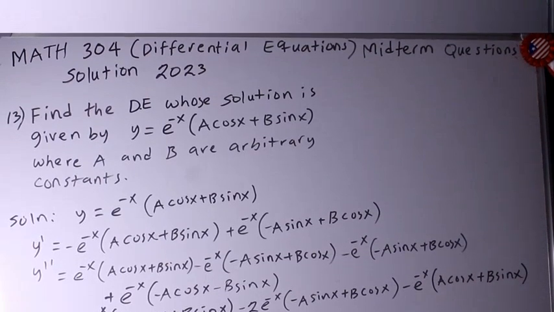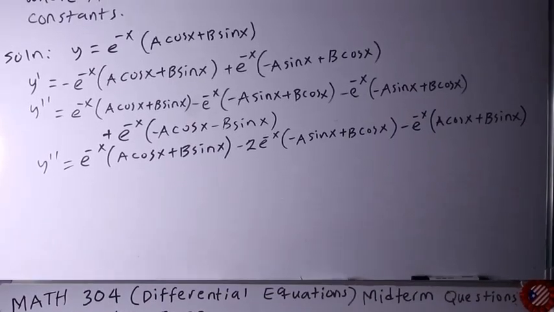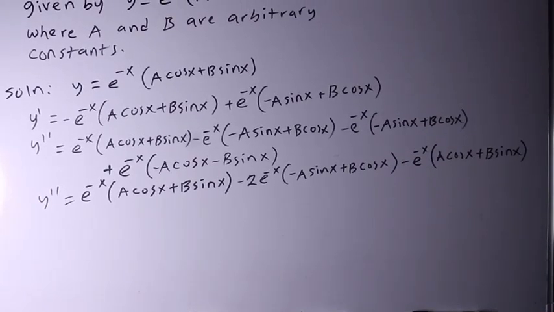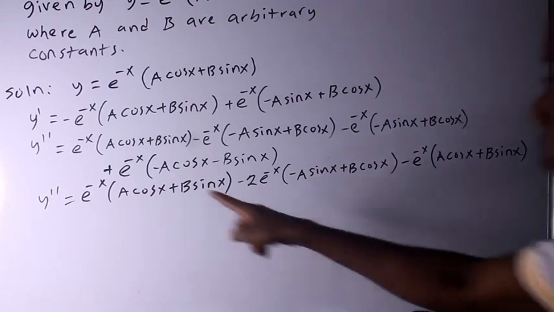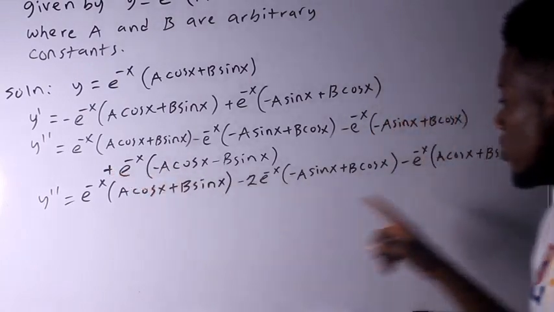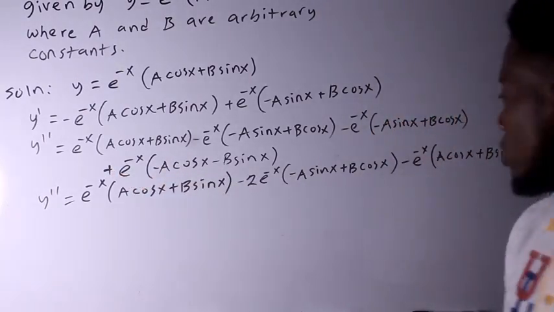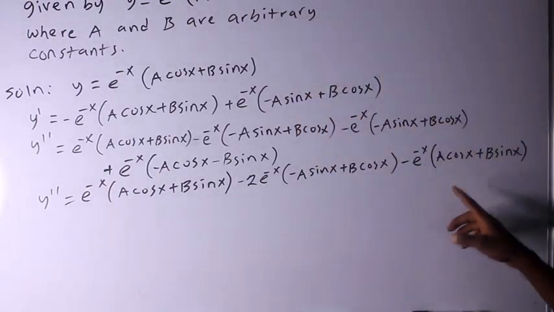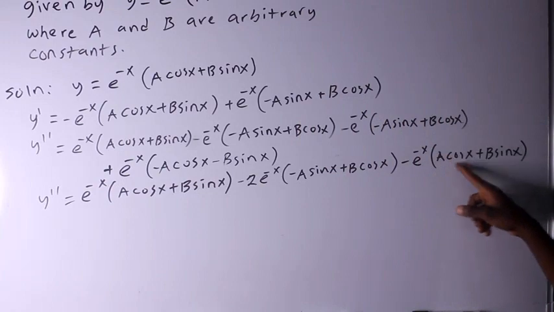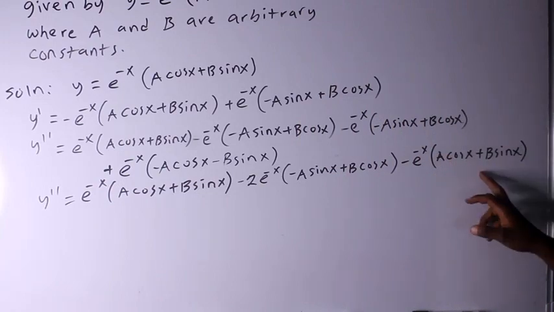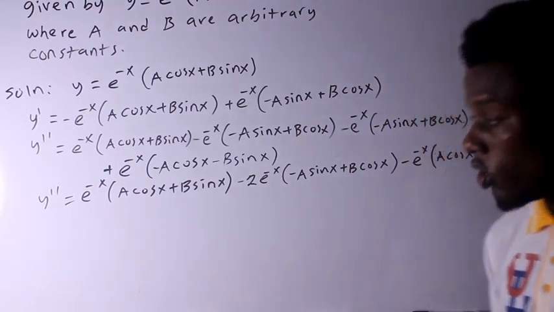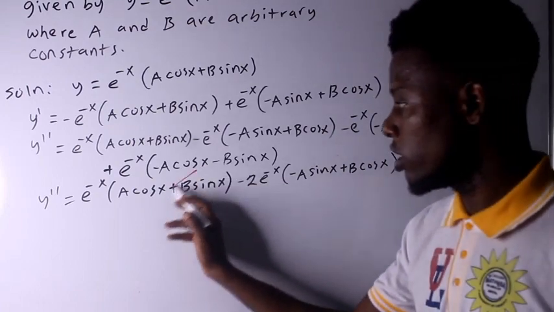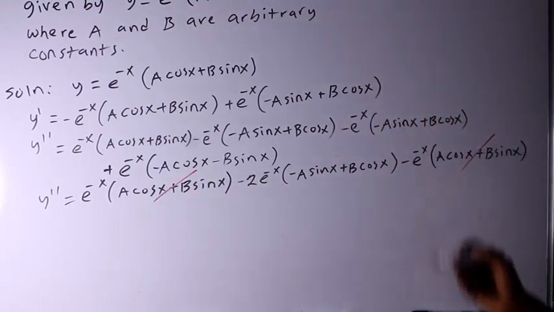If we do that, we're going to factor out a negative from here. This negative is going to affect this, so it's going to be negative. Now let's see something. We have e to the minus x, a cos x plus b sine x, and e to the minus x, a cos x plus b sine x. This and this are the same with different sign, so they automatically cancel out.